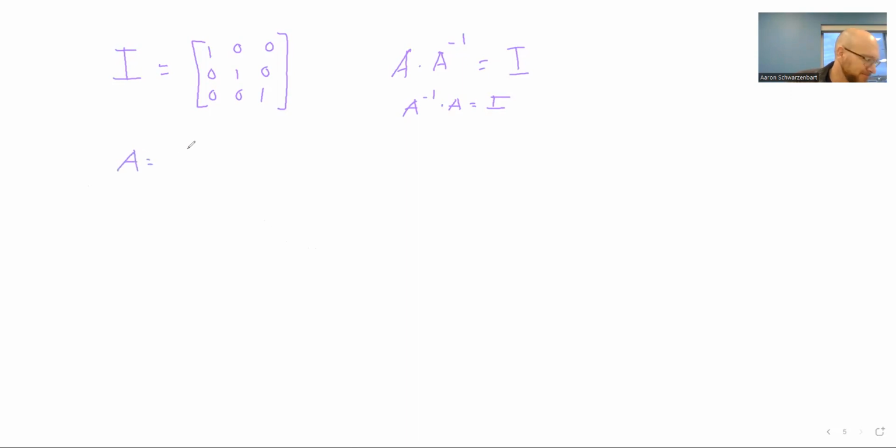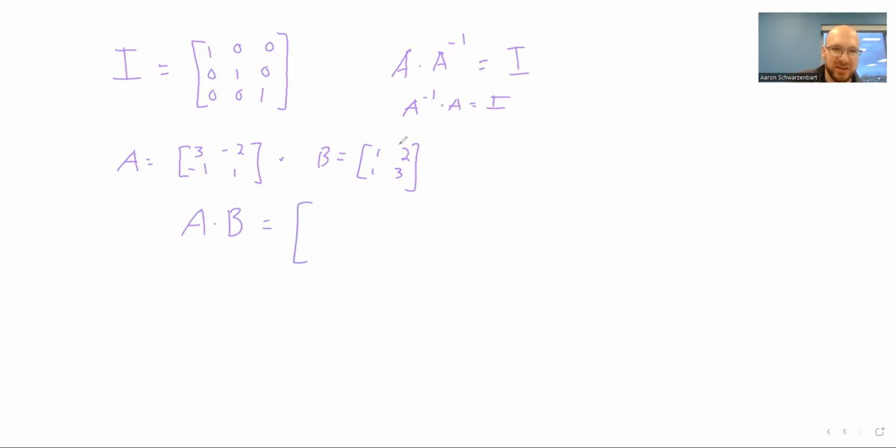A, and I've got B here. So I do A dot B. And a lot of times with matrix multiplication, we define it and then we just write them like this.